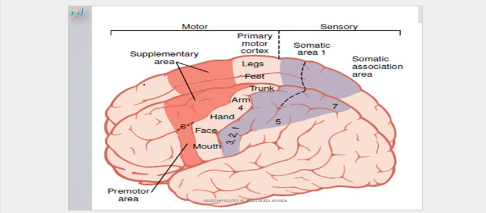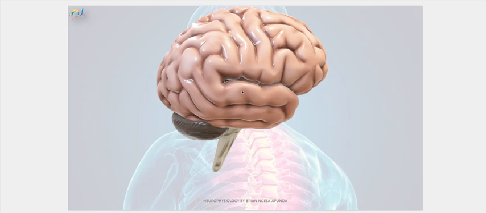The supplementary area is well viewed medially. So I don't know if you have a good image to show that. So maybe you can demonstrate with this model over here, even though this one is posteriorly oriented.